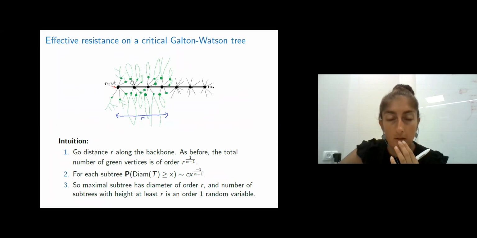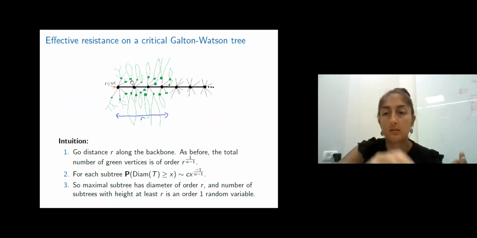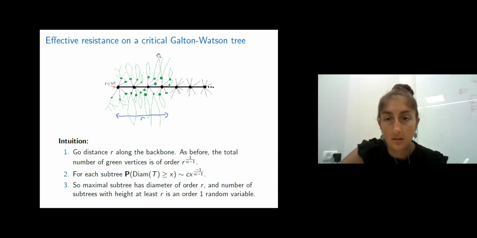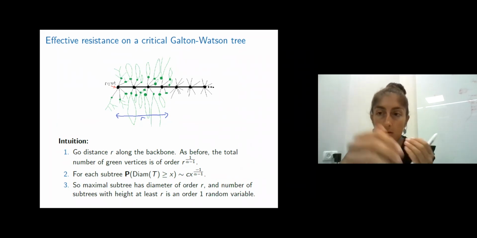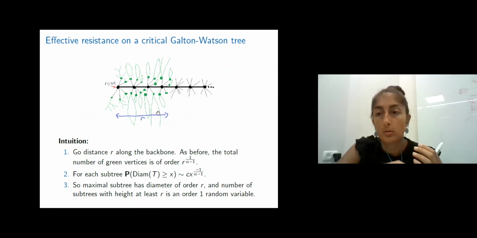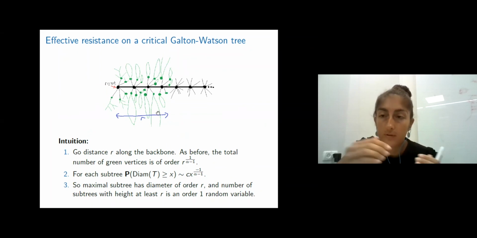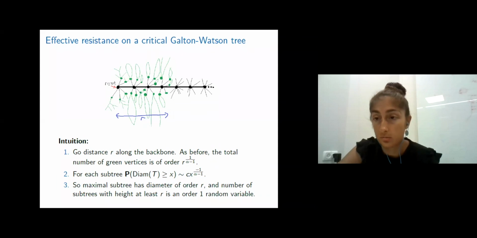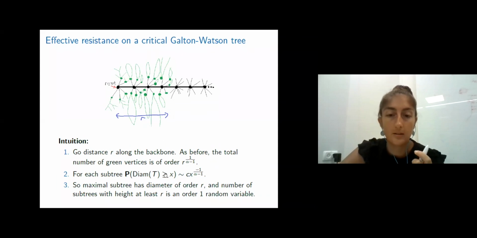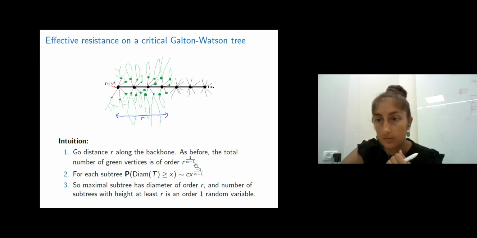To understand the effective resistance, I already said that if you go distance r along the backbone, then the maximal subtree will have height of order r. And also the number of subtrees with height at least r is an order 1 random variable. This comes from plugging in the fact that you have the same exponent here compared to the number of vertices you have.